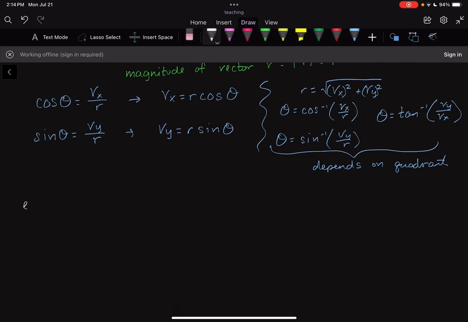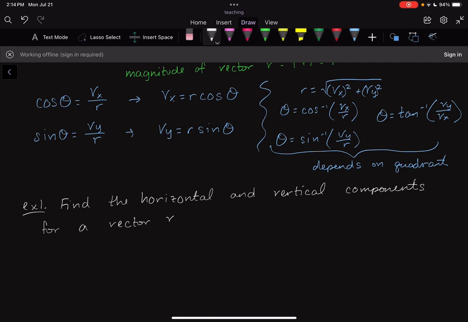Let's start off with example 1, and I'll just say: find the horizontal and vertical components for a vector v with magnitude 8.3 and direction angle 121.3 degrees.